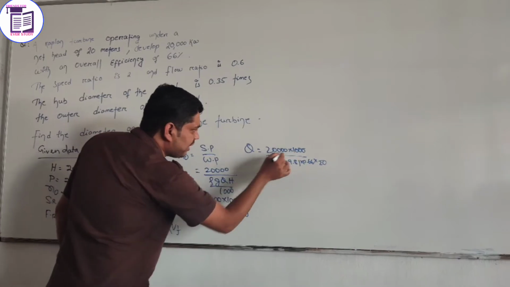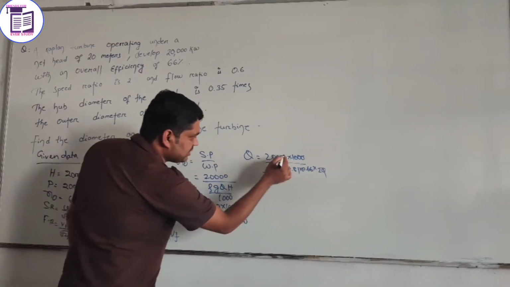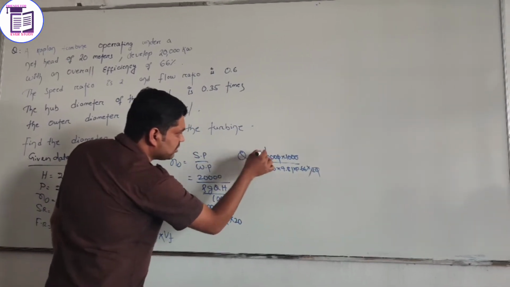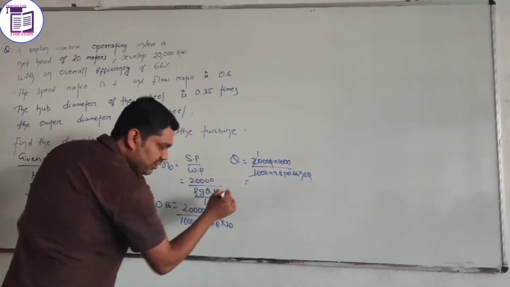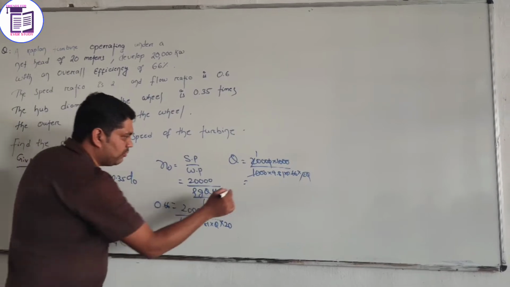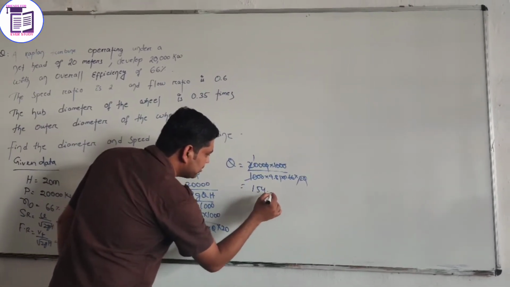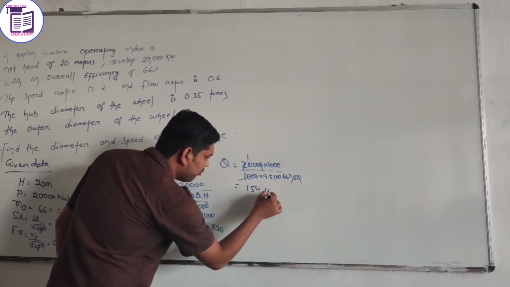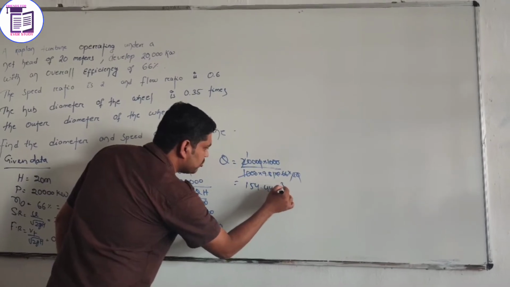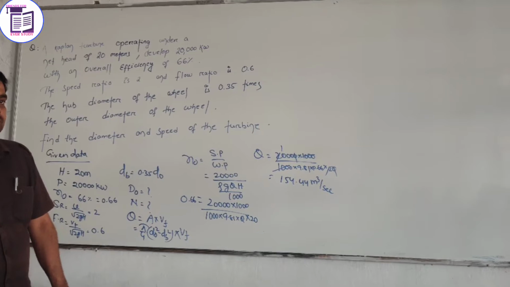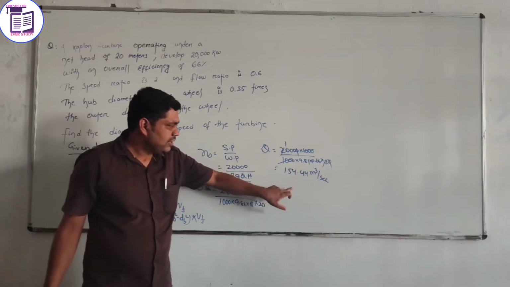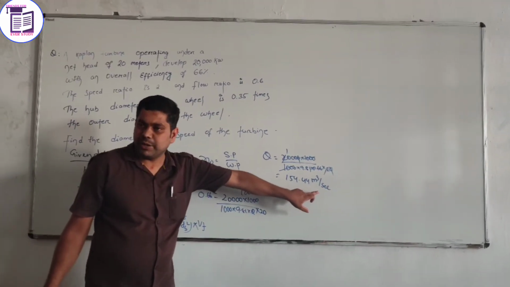The 1000 cancels, the zeros cancel, so 1000 by 9.81 into 0.6 gives the value 154.44 meter cube per second.